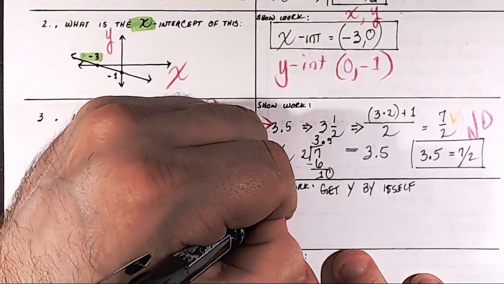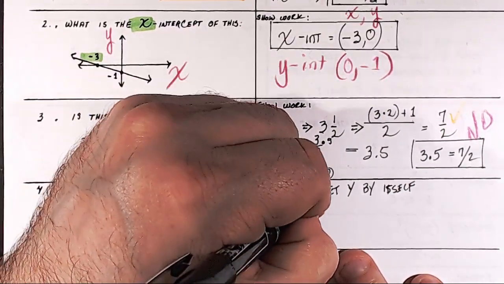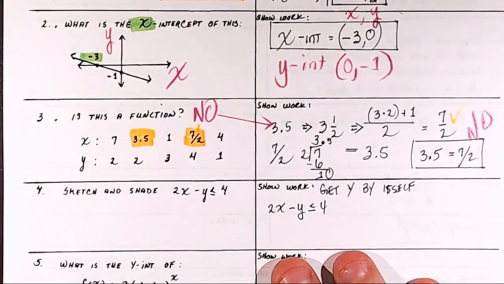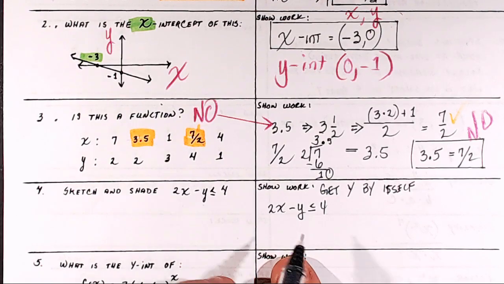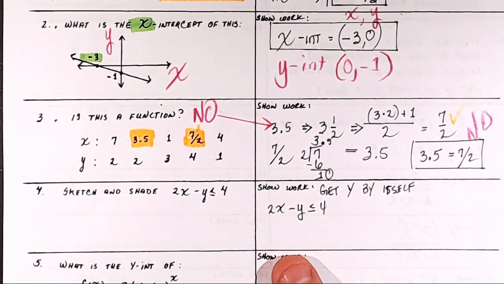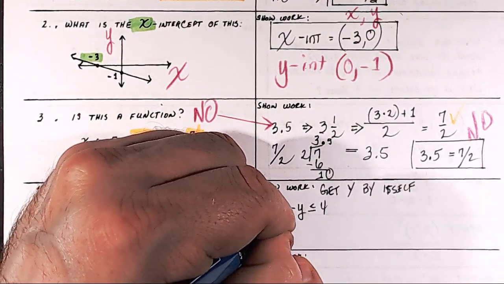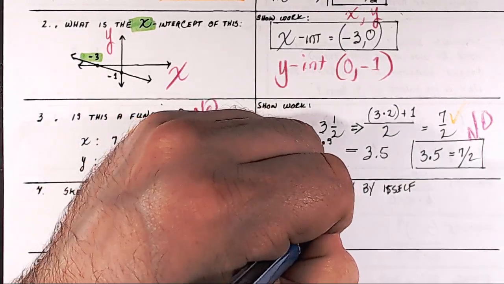So I've got 2x minus y is less than or equal to 4, and I want to solve for y. Now, the first step in this process is to subtract 2x from both sides.